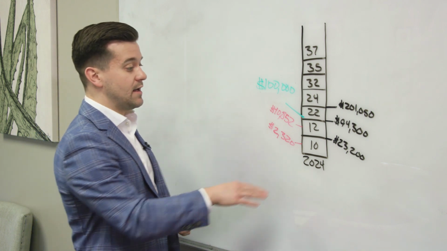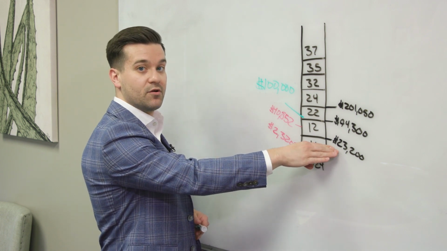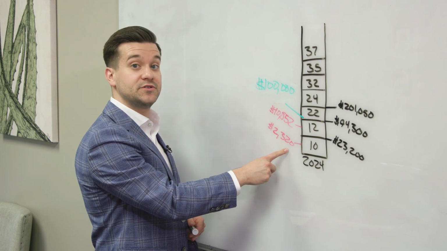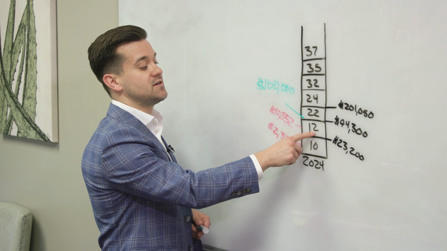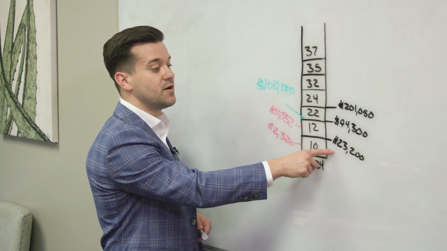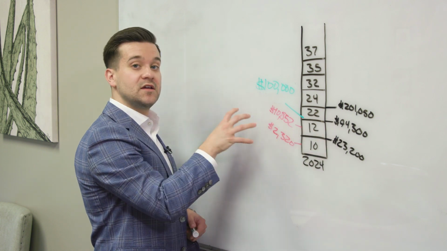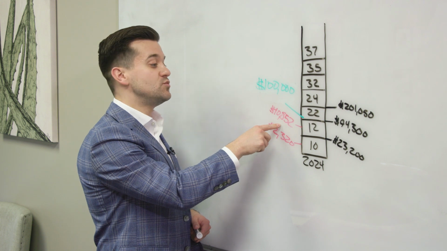So keep in mind, I'm only paying 10% of my income up to $23,200. That's going to give me a base tax of $2,320. Then I'm paying 12% tax on any income between $23,200 and up to $94,300. That gives me a total base tax of $10,852.